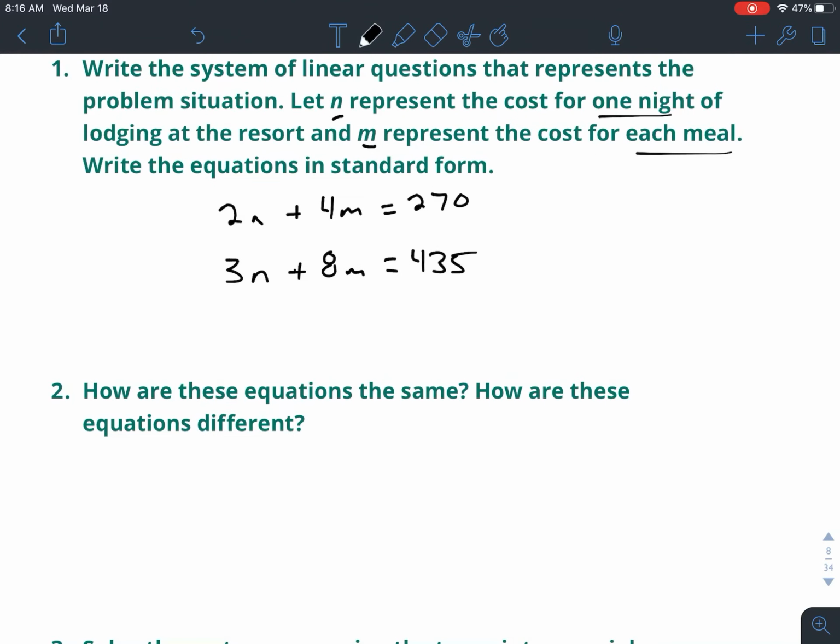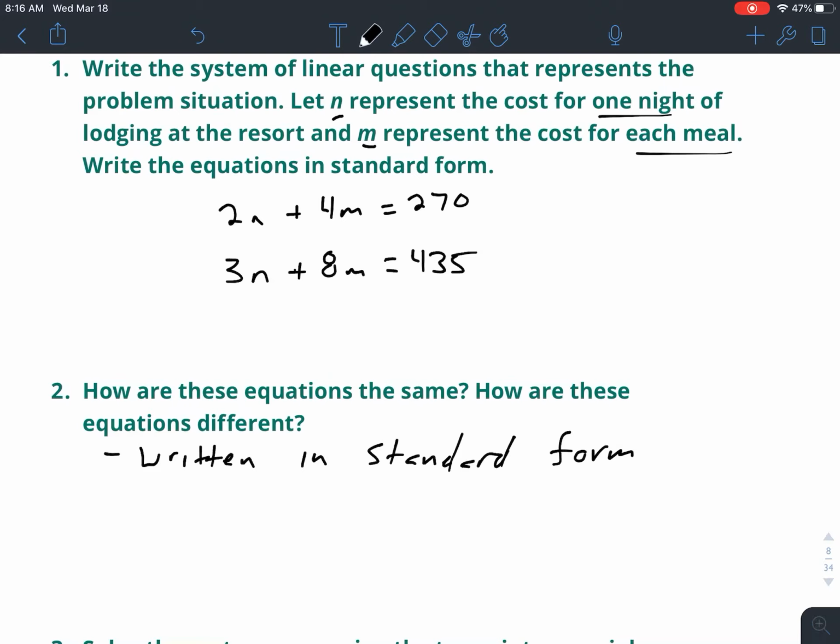They ask, how are these equations the same? How are these equations different? So, something that's the same, they're written in standard form. That is the similarity.